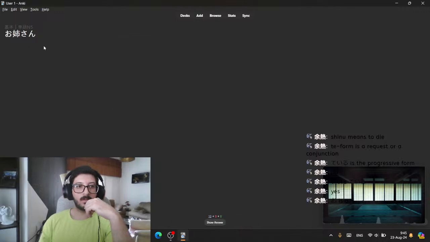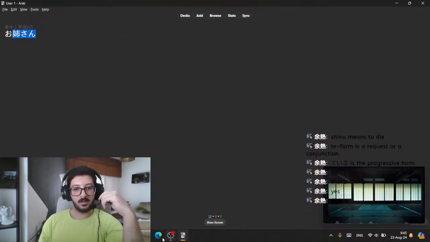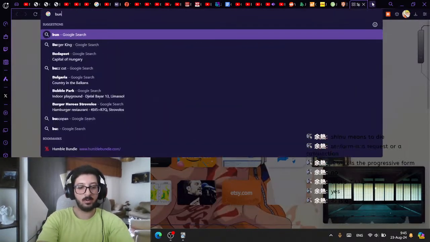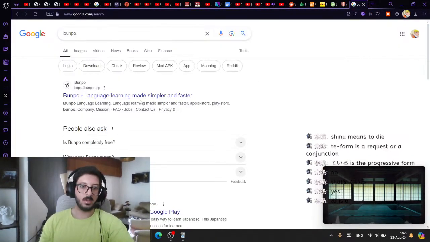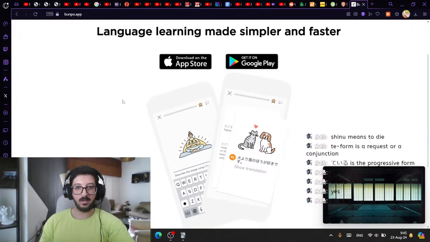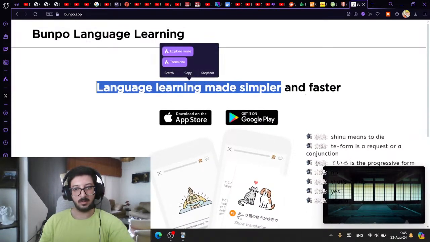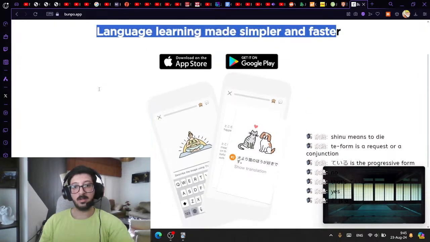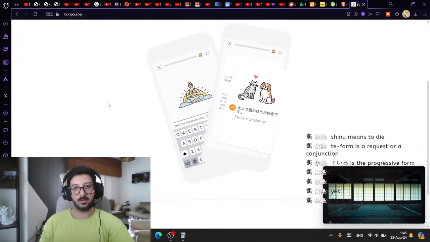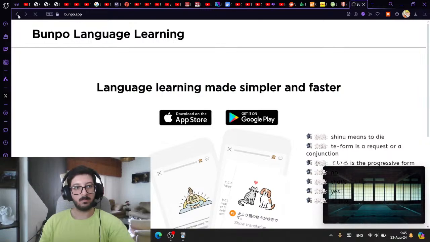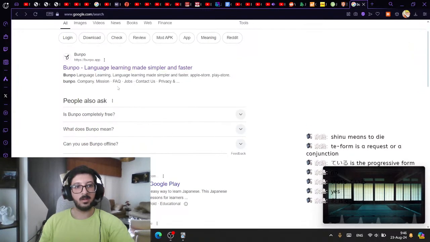But there is an app on the phone, Bunpo. I found it very useful, but I only did the testing because it requires money. I did the 3 levels. I think it helps a lot. But you have to pay.